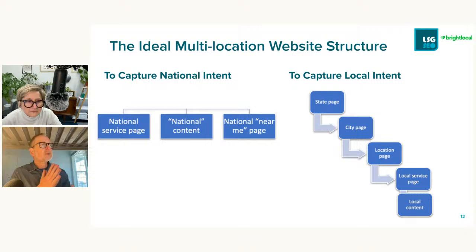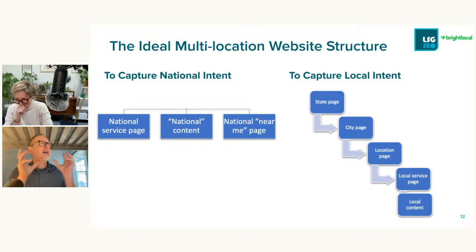And so here's kind of a very high level abstracted view of how a multi-location website should look for SEO. You've got pages that can capture national intent. That might be a service page, like we're an electrician, or national content, like how do I unclog my toilet when it's stopped up, or a national near me page, like toilet uncloggers near me.